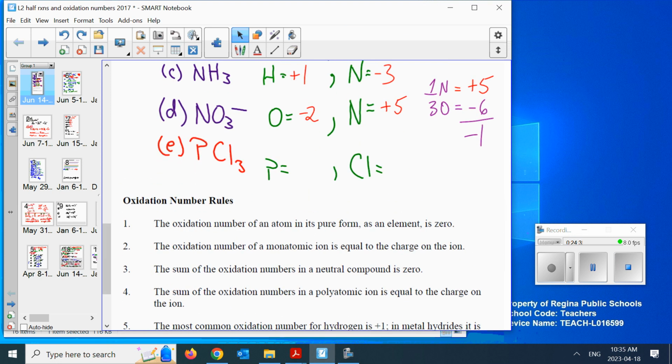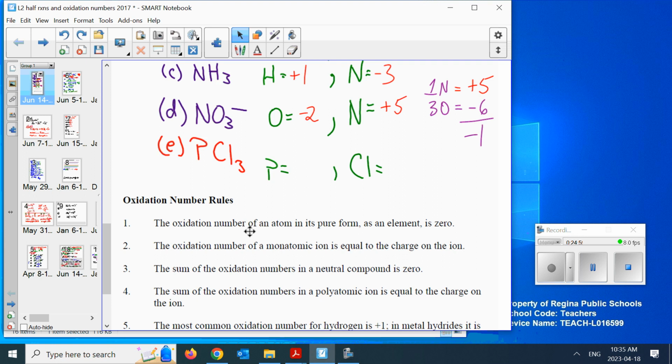Now, PCl3. This is rule 7 again. There's no rule for Cl. There's no rule for P. We look at which is closest to fluorine, which is the most electronegative. As we go from left to right, Cl is definitely closer. It's going to be the negative one. You look up its charge on the ionic table.